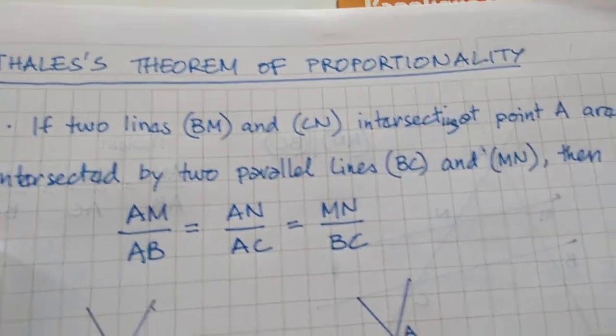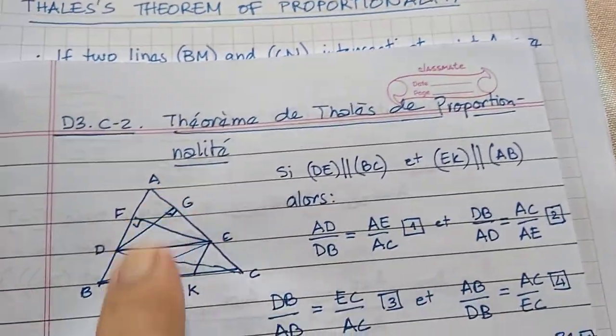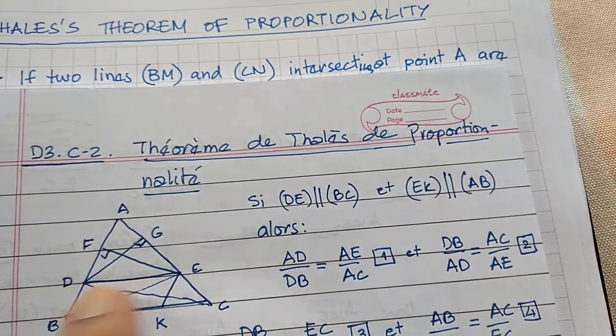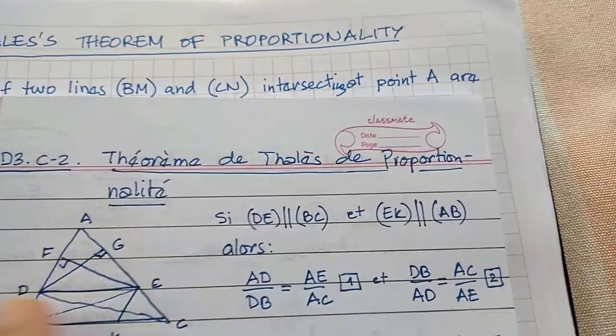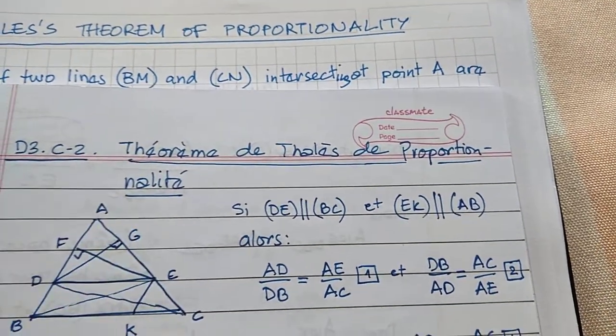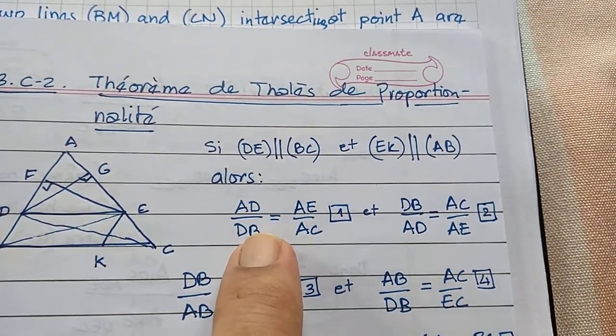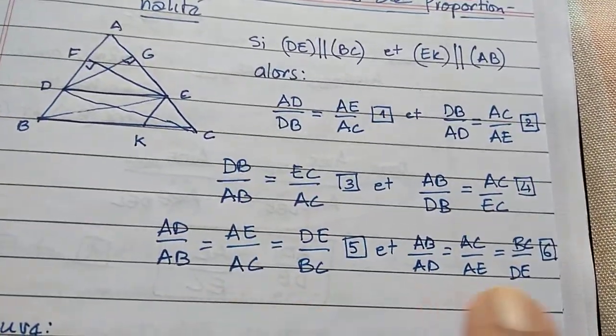Here, of course, I've numbered them differently. Instead of MN, I have DE. So if DE is parallel to BC, and I also have this line parallel to this line, then you get 6 equations: 1, 2, 3, 4, 5, and 6.